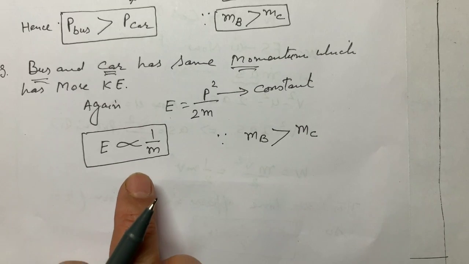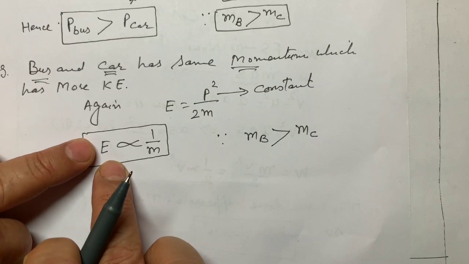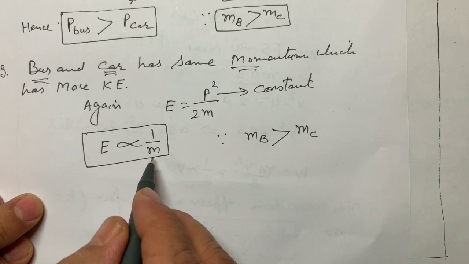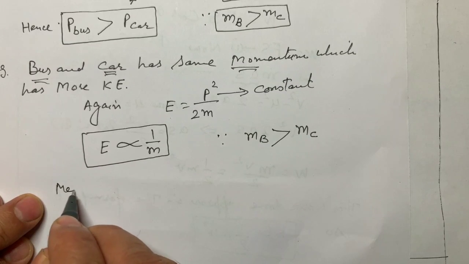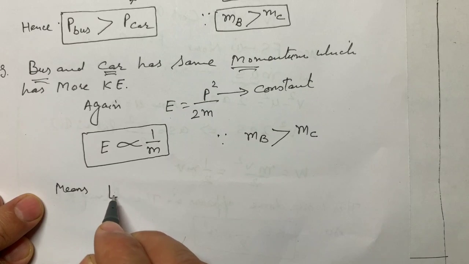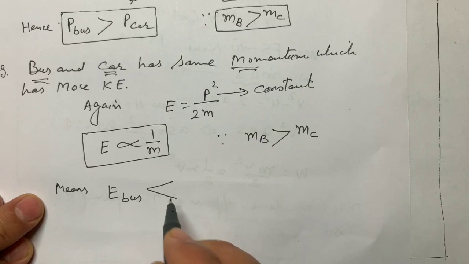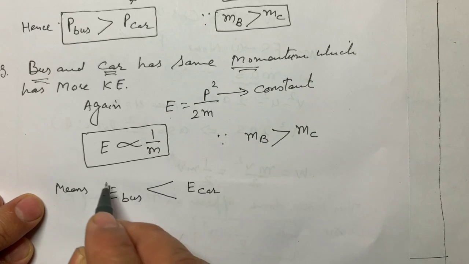From this relation, more mass, less energy. Mass of bus is large, so energy is less. Energy of bus is less than energy of car.